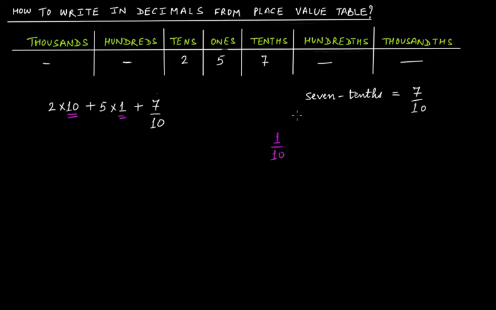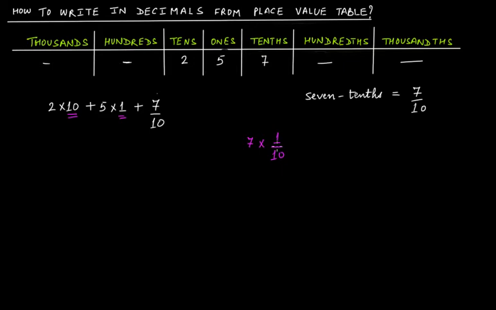The multiplication factor for tenths is 1 over 10, and in this case this should be 7 times 1 over 10.